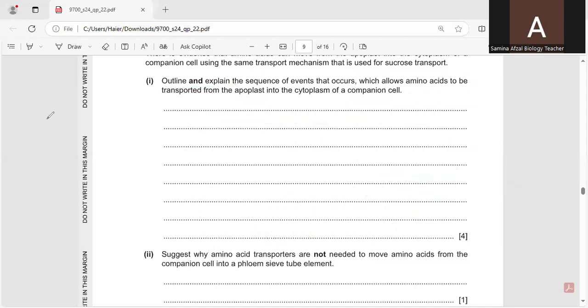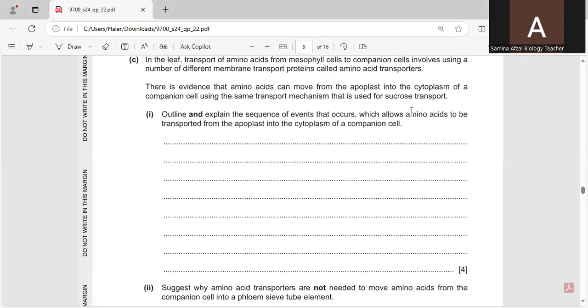Outline and explain the sequence of events that occurs which allow amino acids to be transported from the apoplast into the cytoplasm of a companion cell. Let me go back to the question first. In the leaf, transport of amino acids from mesophyll cells to companion cells involves a number of different membrane transport proteins called amino acid transporters.